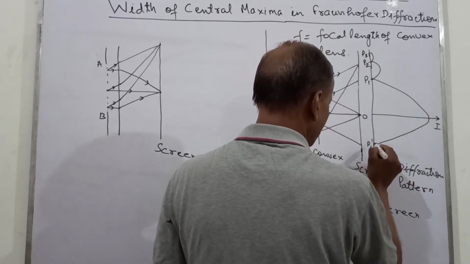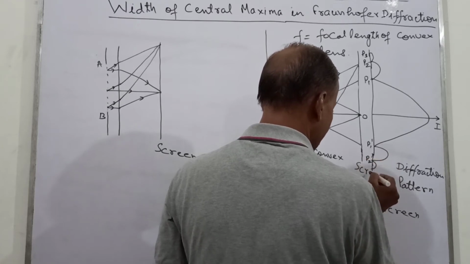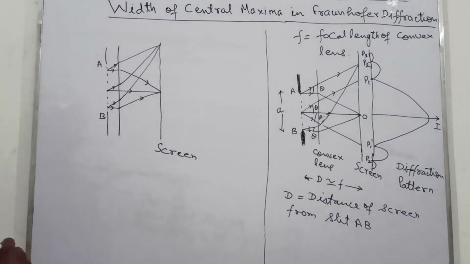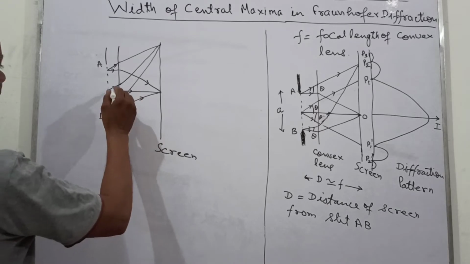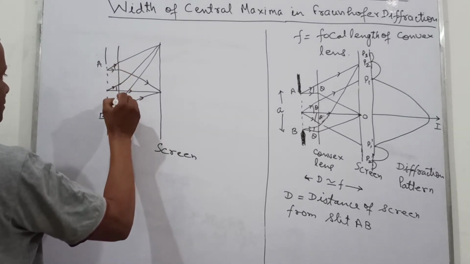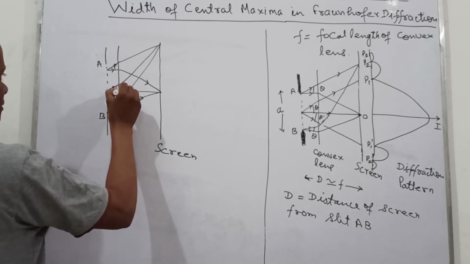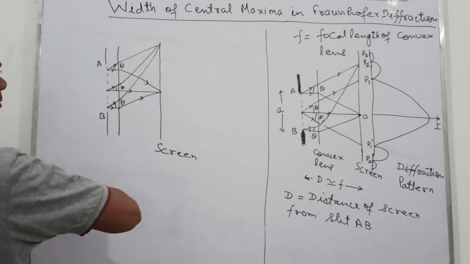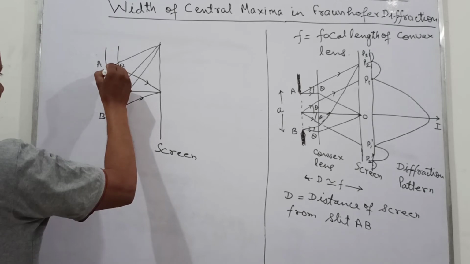This is also P1 dash, P2 dash like this. So here we get the diffracted rays at angle theta. This is the angle of diffraction, theta. So they have got the path difference.